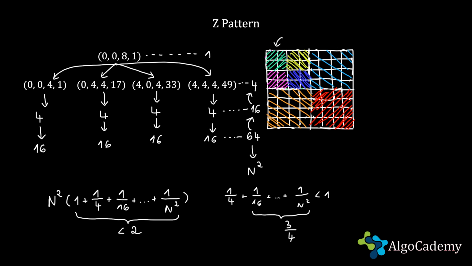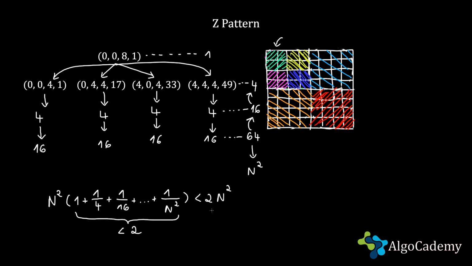You can Google it, but I think these two explanations are enough for you to understand that 2 is actually the upper bound of the sum. So this means that the total number of operations is going to be less than 2 crossed n squared.